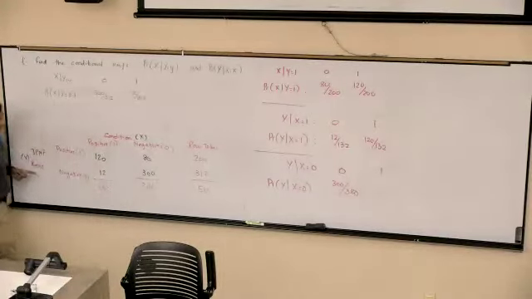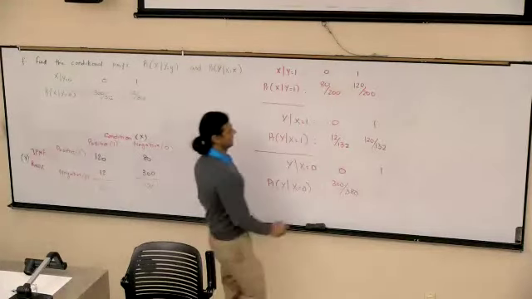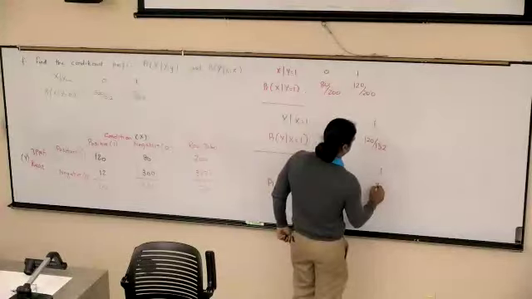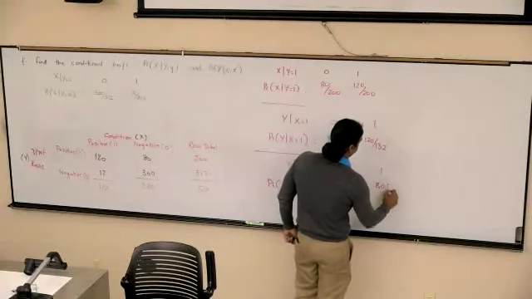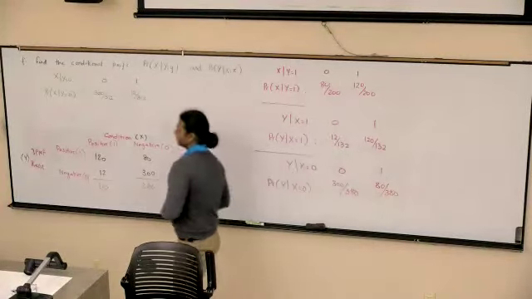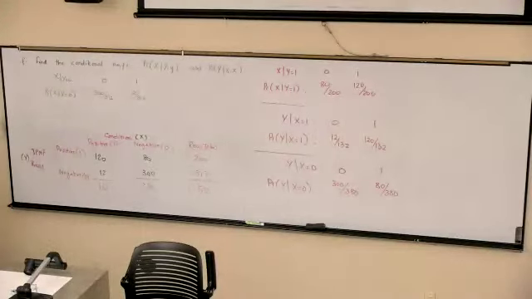Conditioned on x is equal to 0, y being 1 is 80 divided by 380. So we end up having 4 different conditional PMFs.